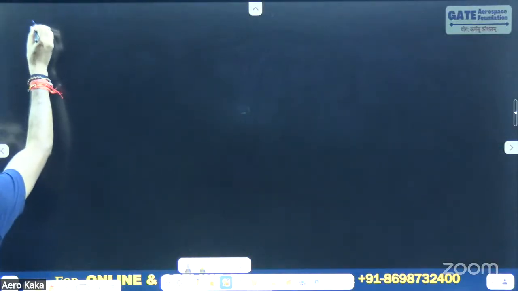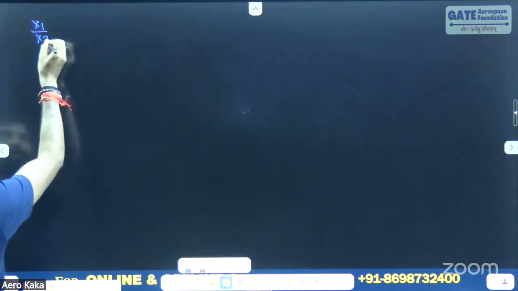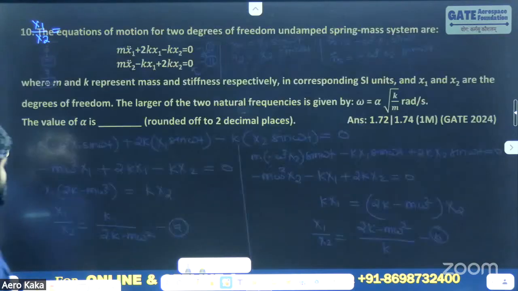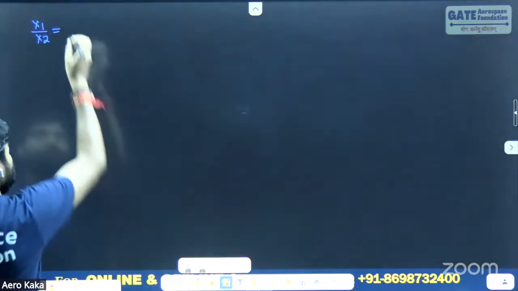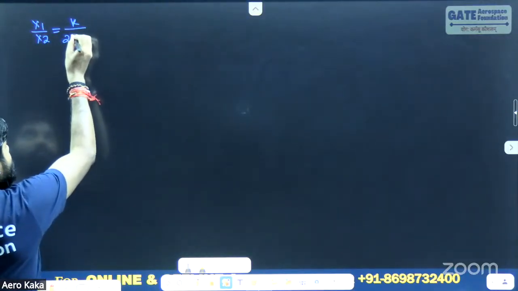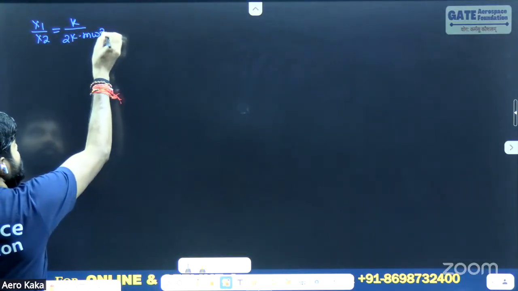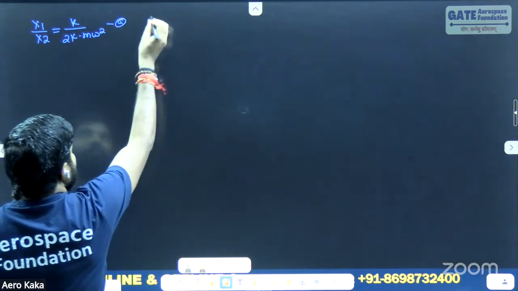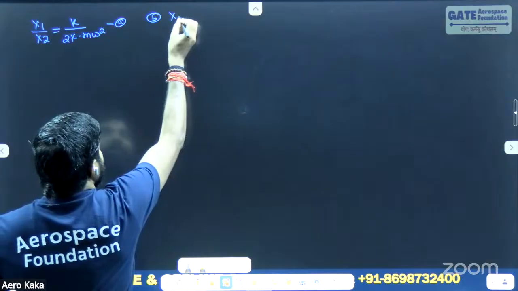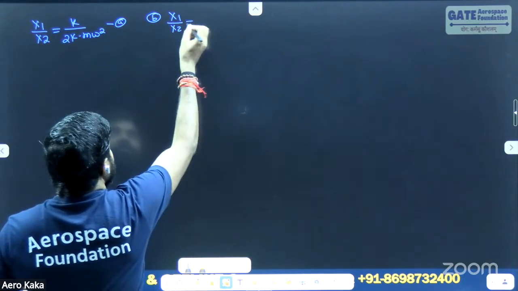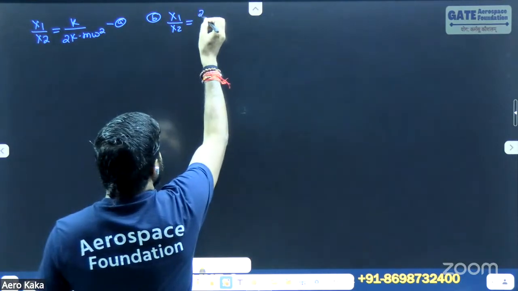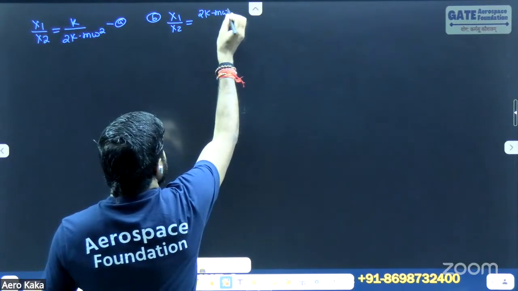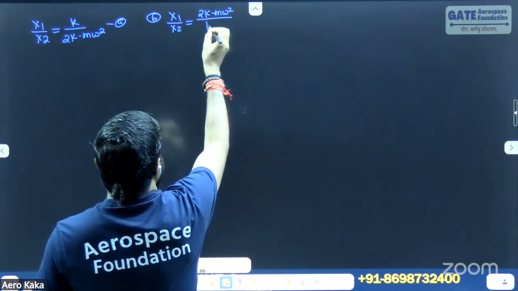So x1 upon x2 is equal to how much? Could you tell me? That's k divided by 2k minus m omega square. And this is A. And what is B? X1 upon x2 is equal to 2k minus m omega square divided by k.